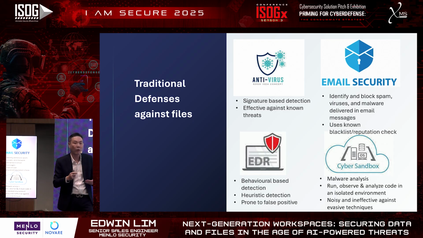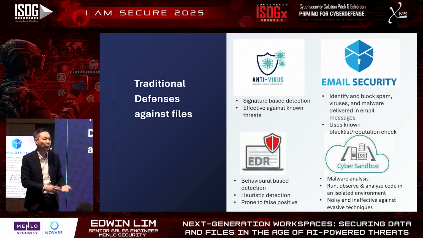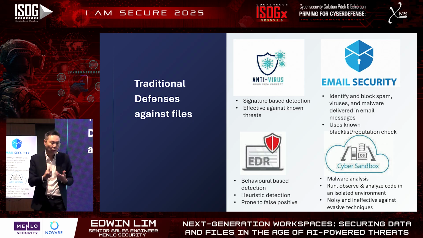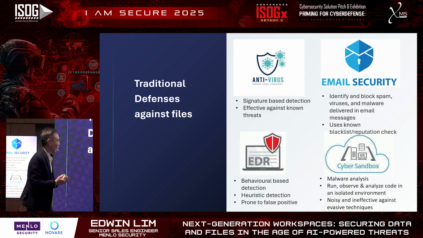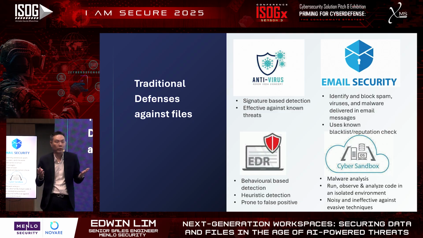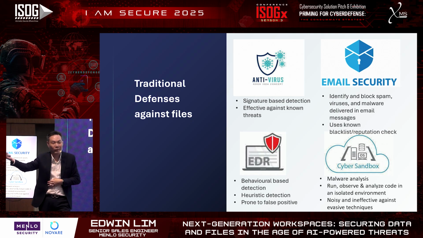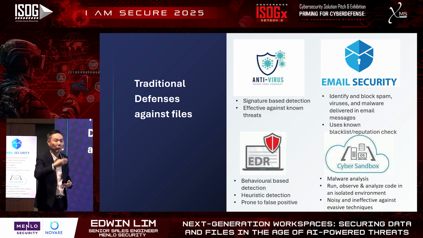And this is how a lot of companies got ransomware attacks, be it zero-day malware, remote code execution, or bypassing of sandboxing in the email security system. So you may ask, how am I going to prevent that kind of threat coming into my environment? You don't want to one day be the headline in the news saying, hey, I got ransomware, I have to pay some amount of money to the hackers.